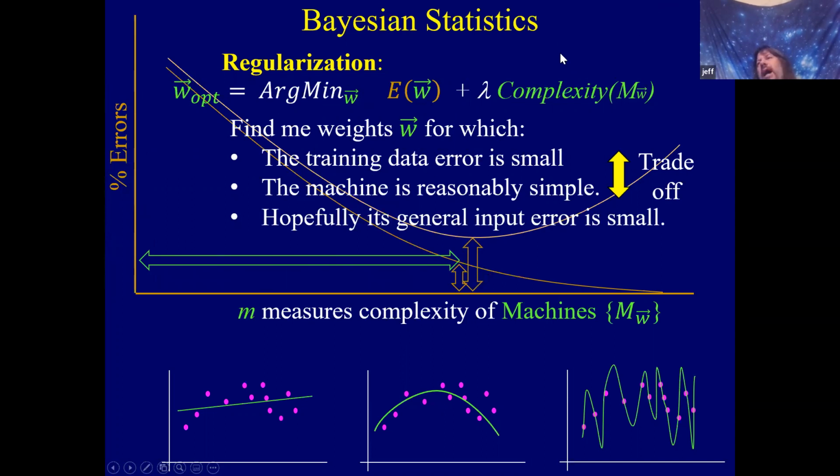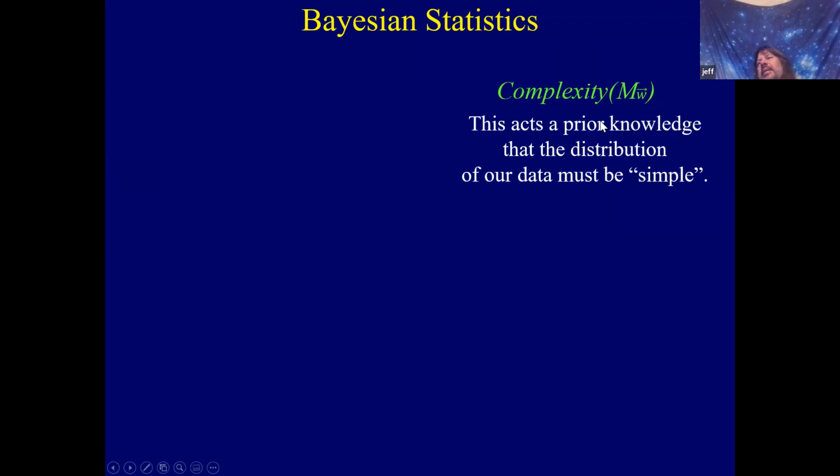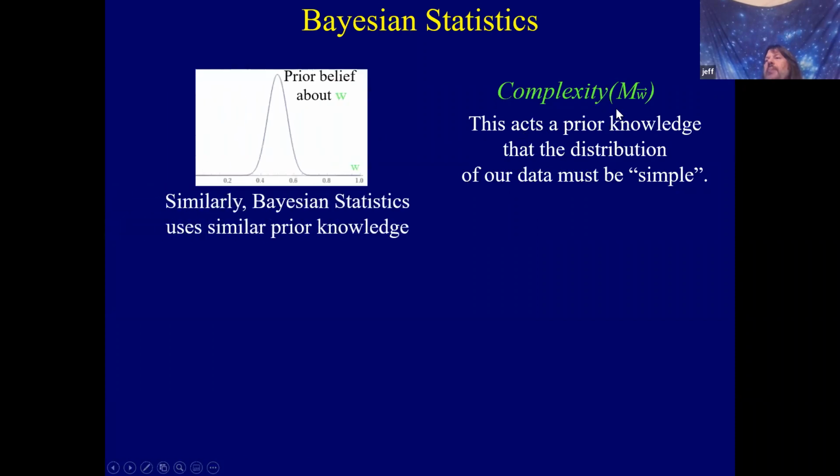So I just think it's kind of interesting that this measure of complexity is kind of like saying, I have prior knowledge that I want my distribution of my data to be simple. I have a prior belief that I want my data to be formed from some machine that has low complexity, right?